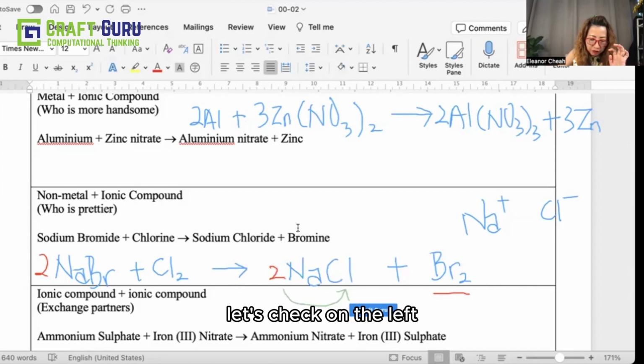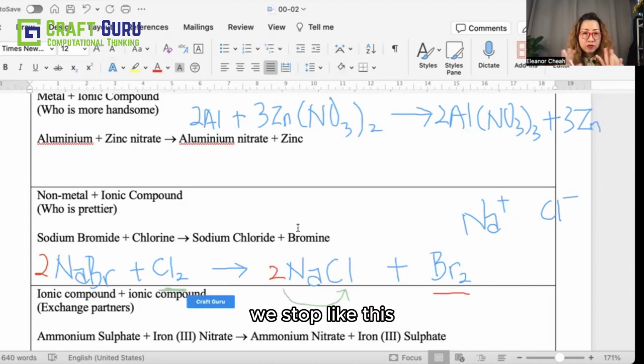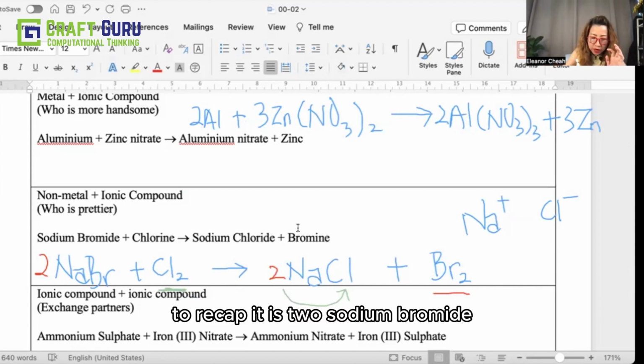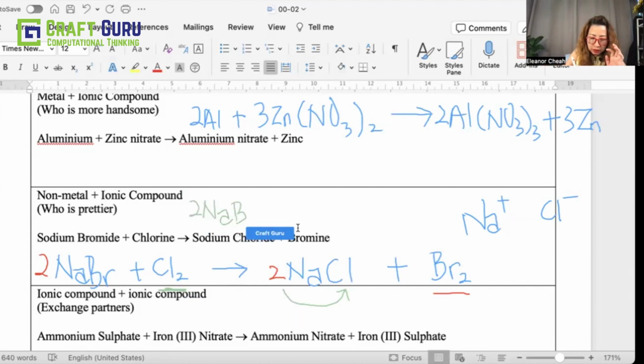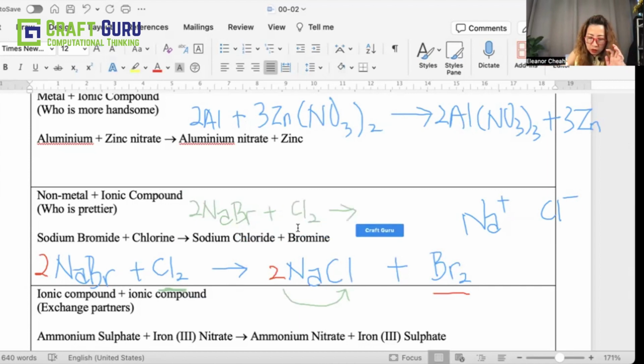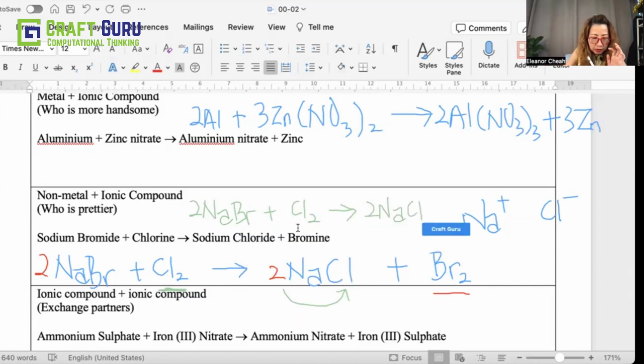Let's check on the left, it's 2 chlorine, balanced already. So we stop like this, and it is already a balanced equation. To recap, it is 2 sodium bromide reacting with 1 chlorine molecule to give 2 sodium chloride. Erase this.